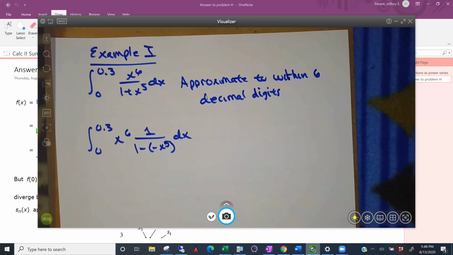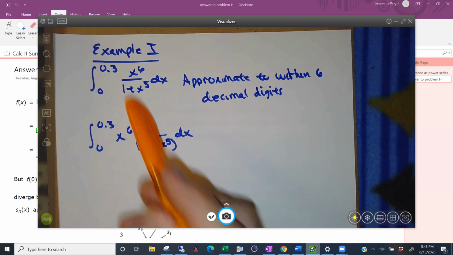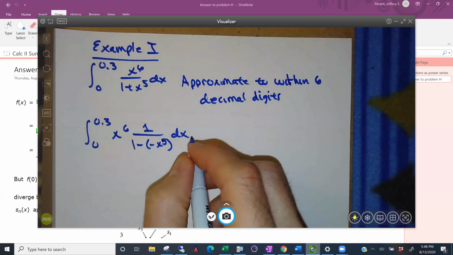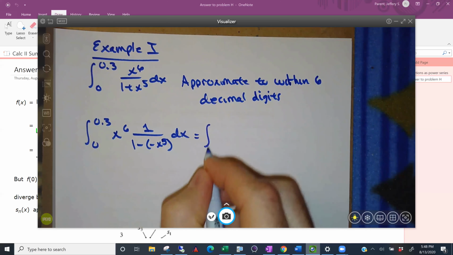I did a lot there, so let me let you catch up for a second. I brought the x to the 6 out in front. I changed the denominator to minus a negative. Why did I do all that? Exactly.